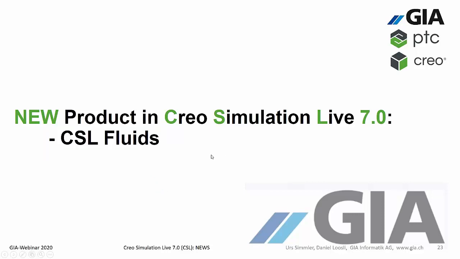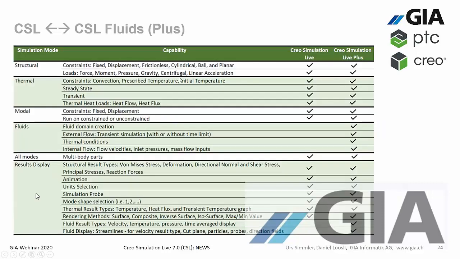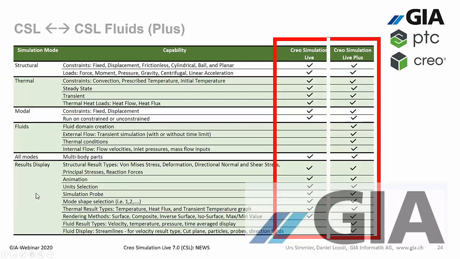So if you have an old license of Creo Simulation Live, the fluid capabilities will not be automatically available. So this is a new product. We have the Creo Simulation Live product, and we have the Plus product, or the fluid product. And in the Plus product, we see the additional fluid capabilities.